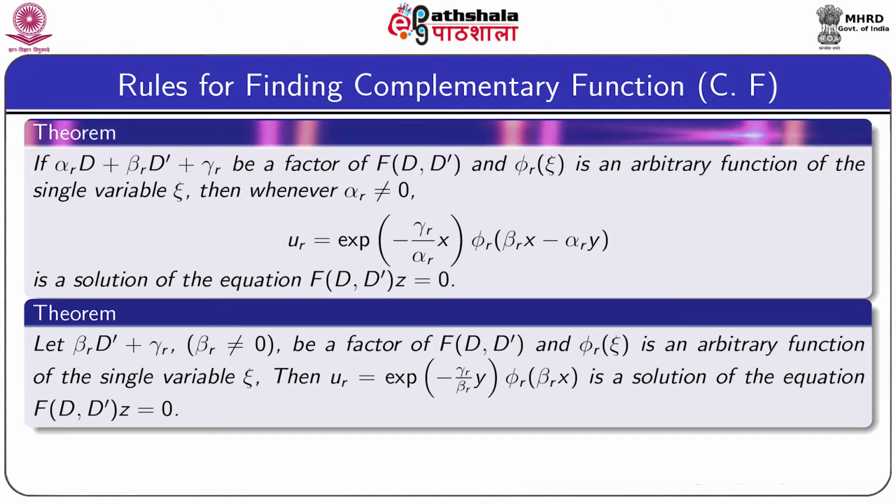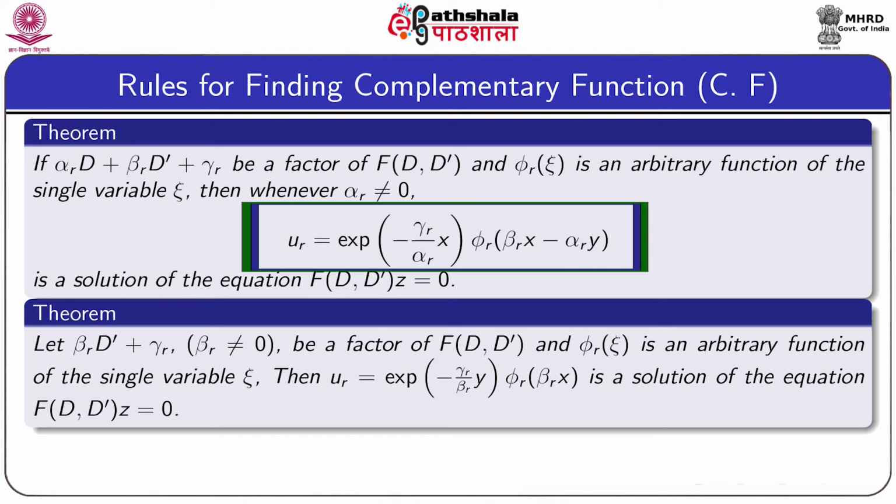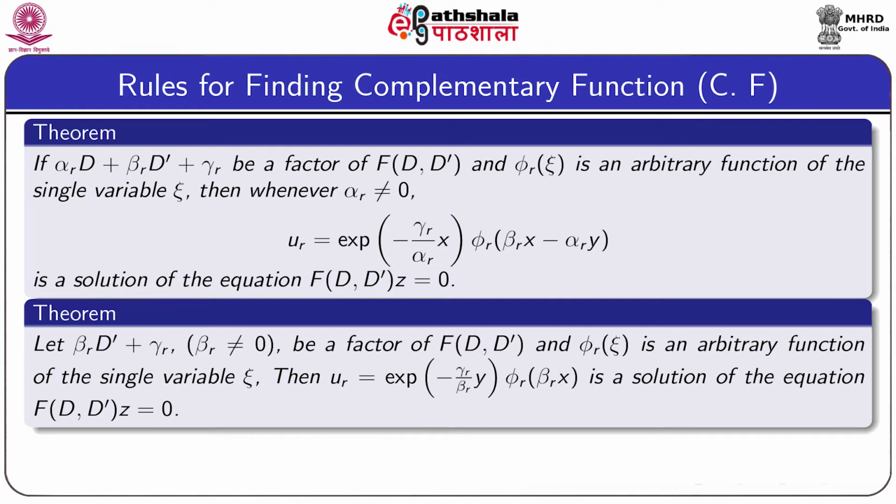For that I need to state one theorem, which states that if alpha_r D plus beta_r D' plus gamma_r is a factor of F, and phi_r(xi) is an arbitrary function of the single variable xi, and we also assume that alpha_r is not equal to 0, then u_r equals exponential of minus gamma_r by alpha_r x into phi_r(beta_r x minus alpha_r y) is a solution of the equation F z equals 0.